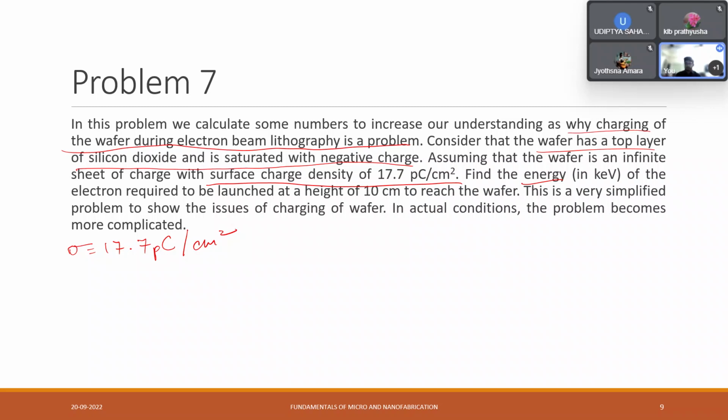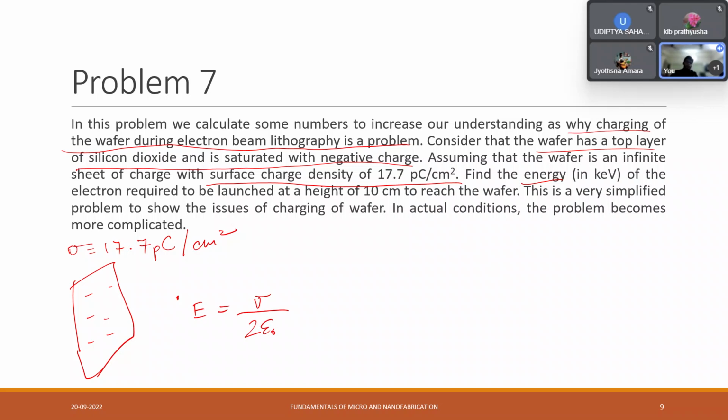Just to give you a path: when we consider an infinite sheet of charge, which is negatively or positively charged, it doesn't matter actually, the electric field that is felt at a distance is sigma by 2 epsilon naught.